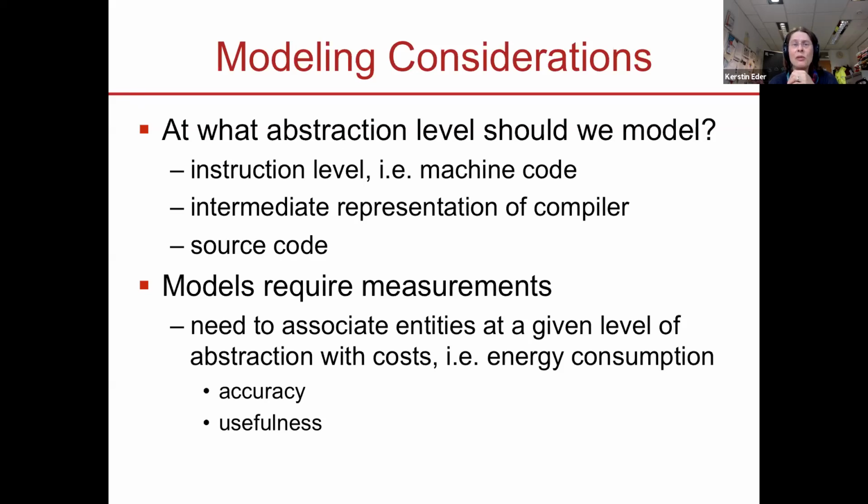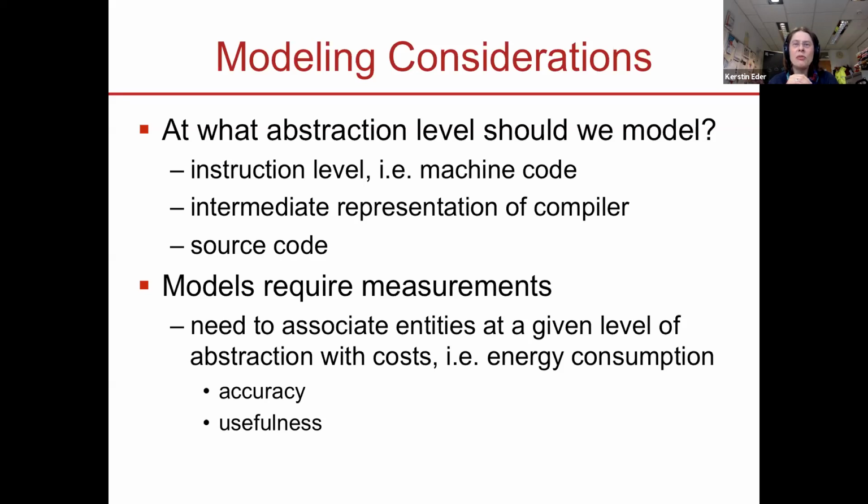Now, the source code model would probably be the most useful to the programmer, right? So as soon as I write a line of source code, I know how much energy this costs. But we know that between the source code and the actual execution on hardware, there is the compiler. So these are the three abstraction levels that we could choose, or that are obvious targets for modeling.